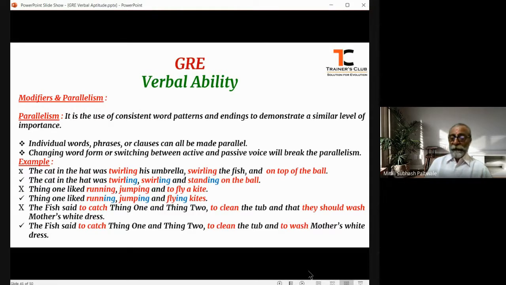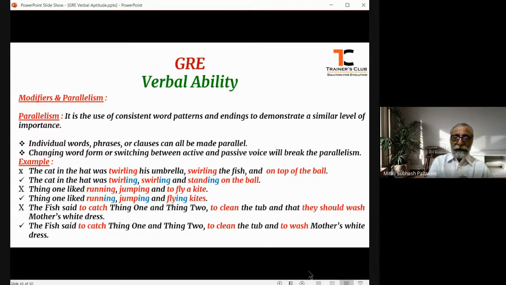Say, for example, if people say the cat in the hat was twirling his umbrella, swirling the fish, and on top of the ball.